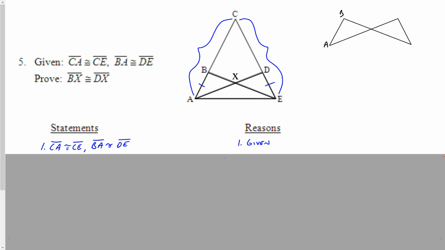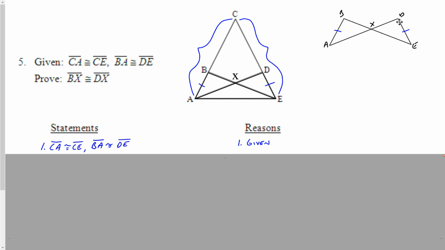and relabel to make this a little easier to see. And don't forget, when you pull those apart and redraw them, you need to bring any marks with them that we already have. So we have AB and ED being congruent segments. So now, like I said, these are the two triangles that we need to get congruent.